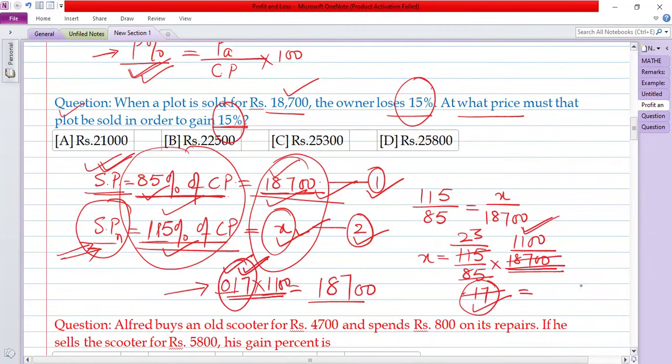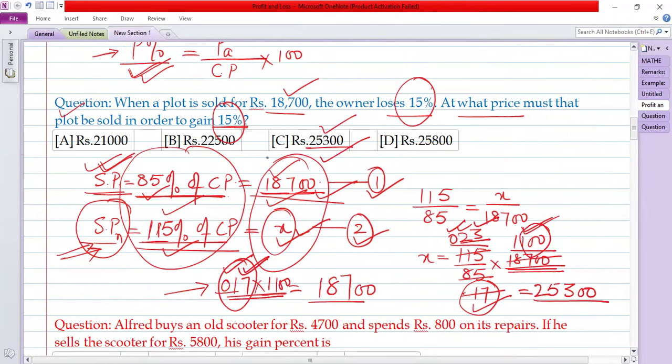Now how to multiply? First I will write the unit digit 3, then 3 plus 2 is 5, then 0 plus 2 is 2, so it will be 253, and the two zeros which are present here. So this should be option C, the selling price, 25,300.